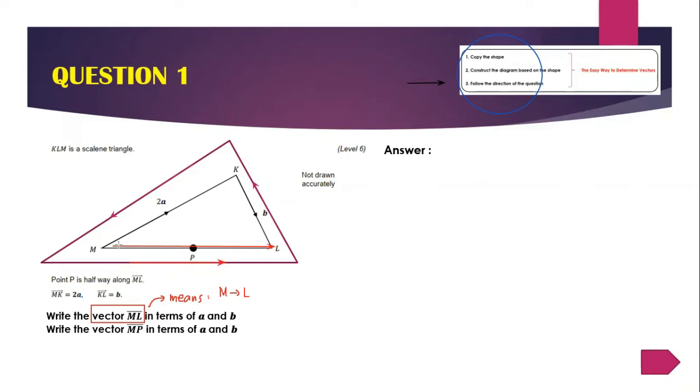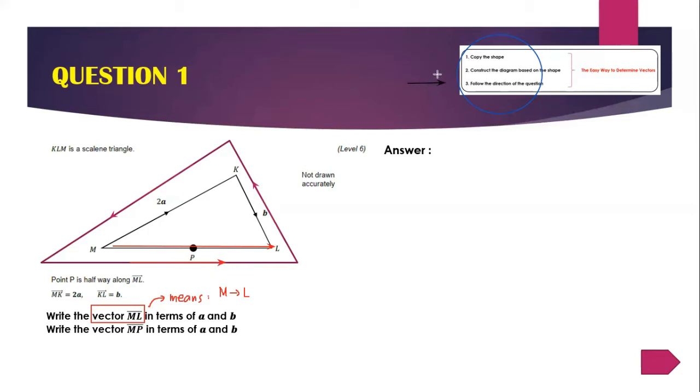The direction is M to L. So our new shape that surrounds the original triangle will be parallel. You can check on your screen that the purple triangle and the black triangle, the direction ML will be equal to the direction of the new construction.